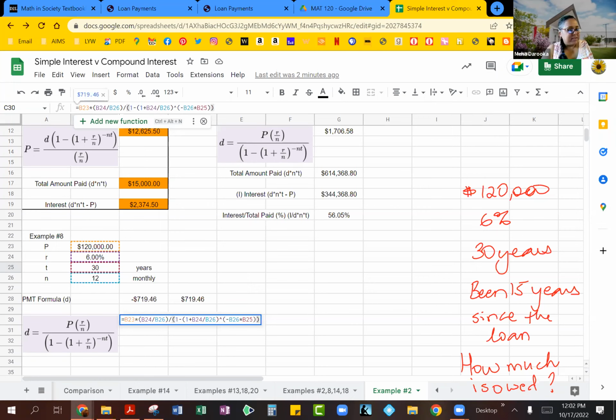How much do I still owe? So you're basically going to go back and either use the present value formula or use this P equals formula from your textbook, but you're only going to be doing this for 15 years going forward. So this is the first part.